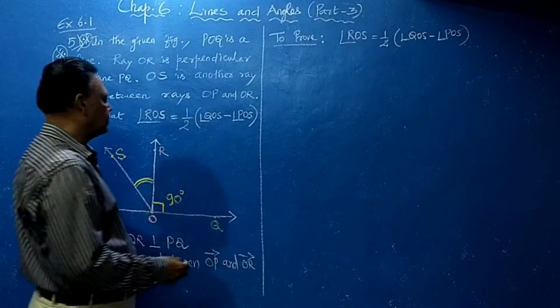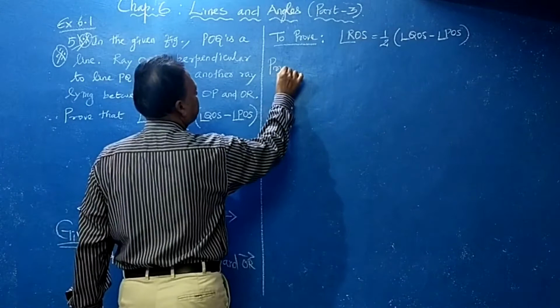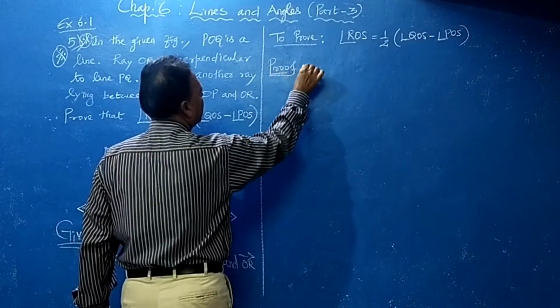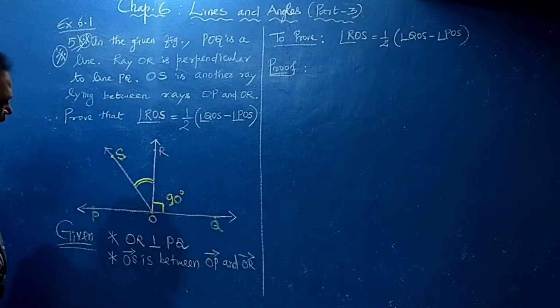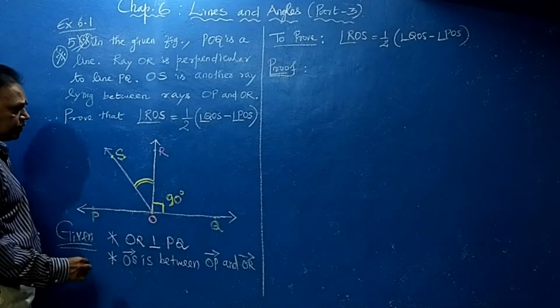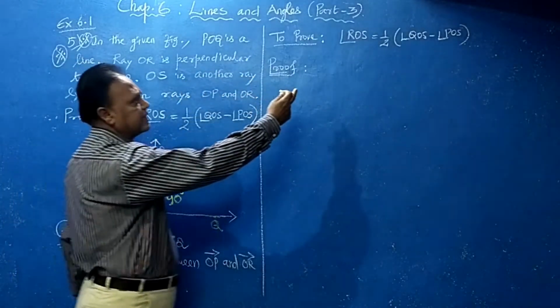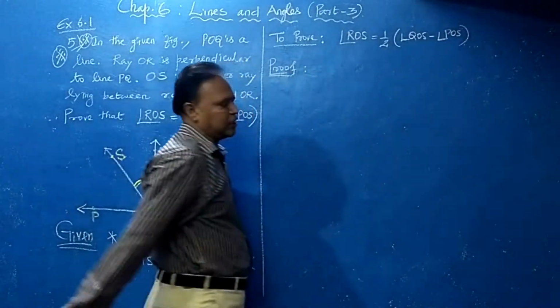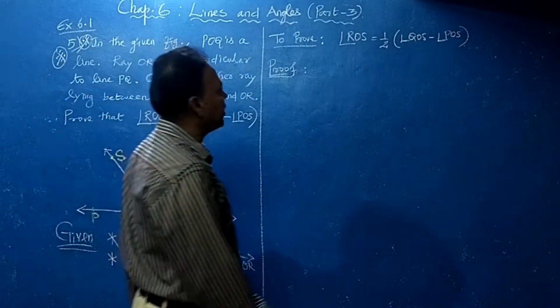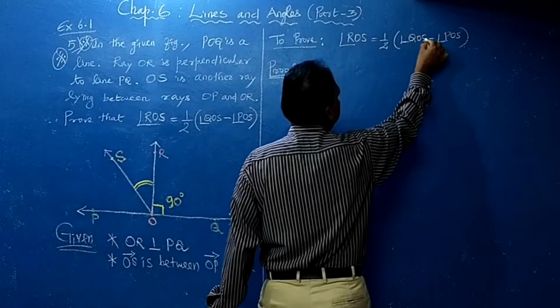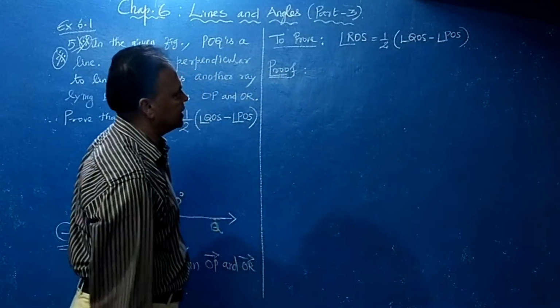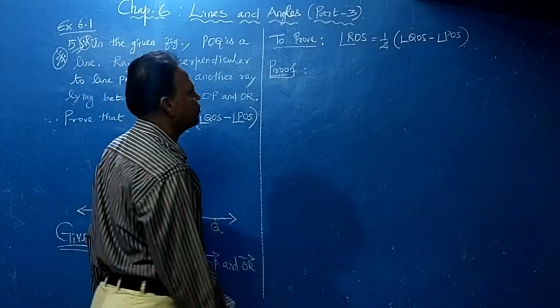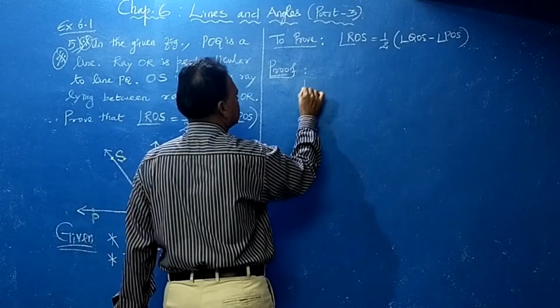So, proof. What I am going to do is first take the right hand side. You have half of angle QOS minus angle POS. I am going to find out this right hand side. First, to find angle QOS.